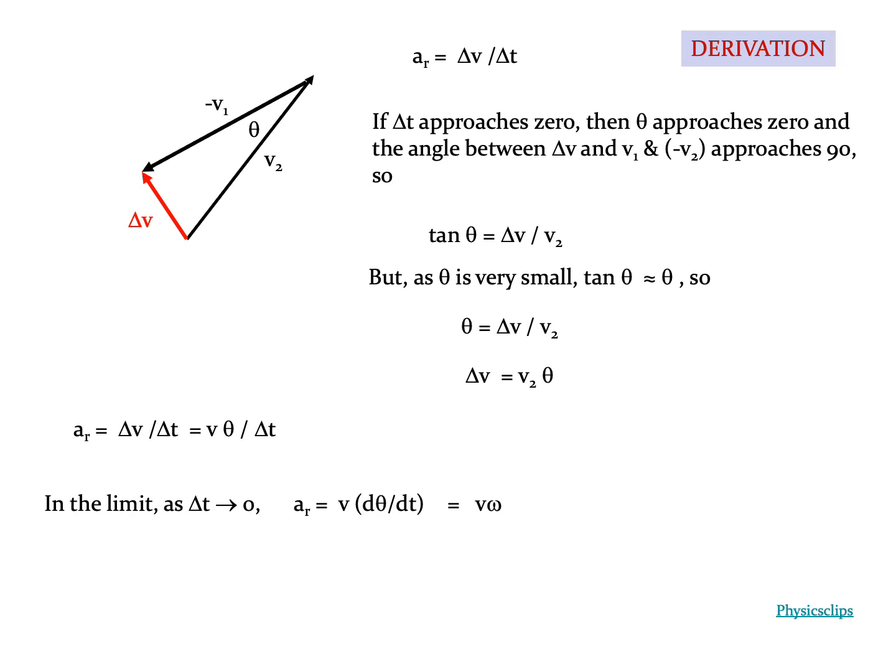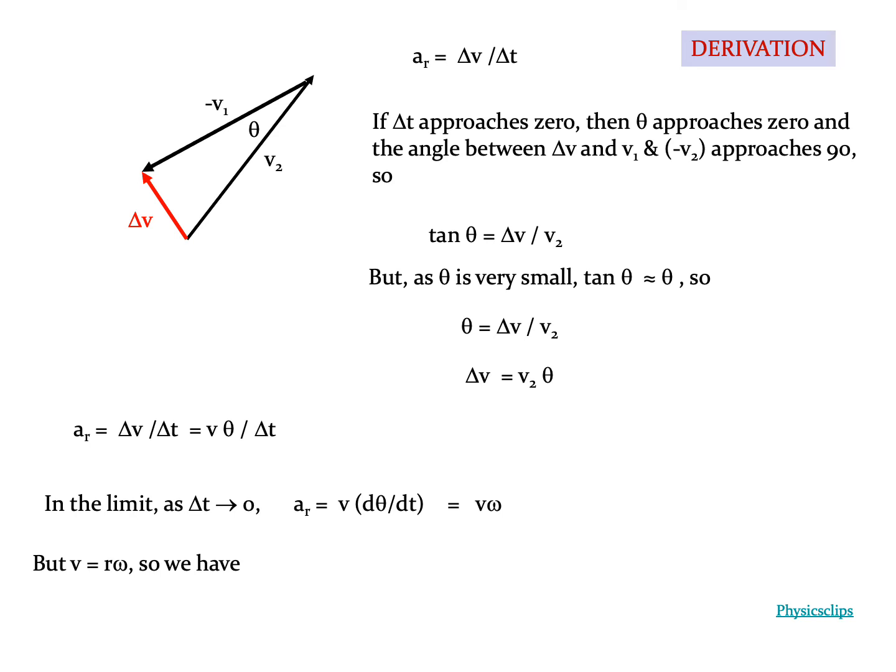So the radial acceleration is v theta over delta t. Now that's a finite expression where delta t is finite. Now let's introduce our instantaneous approach and let delta t tend towards 0 so that our radial acceleration becomes v into d theta by dt.